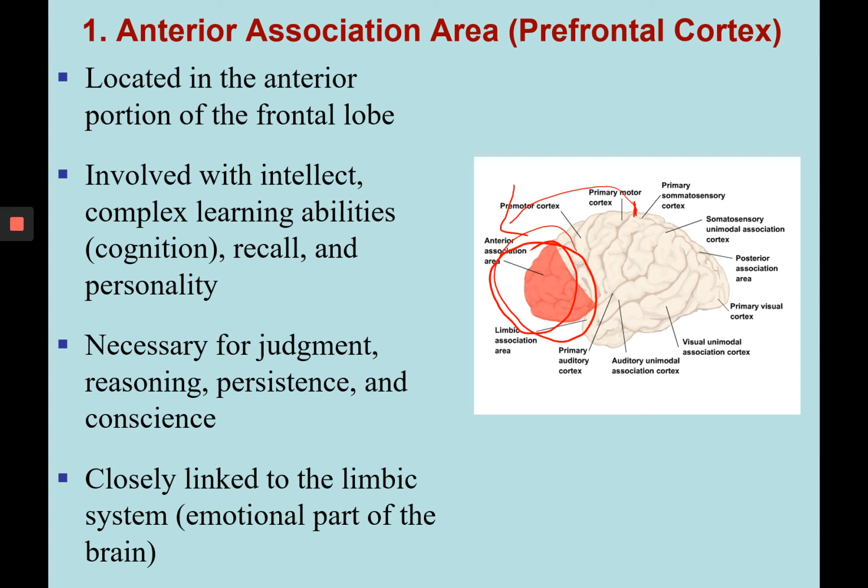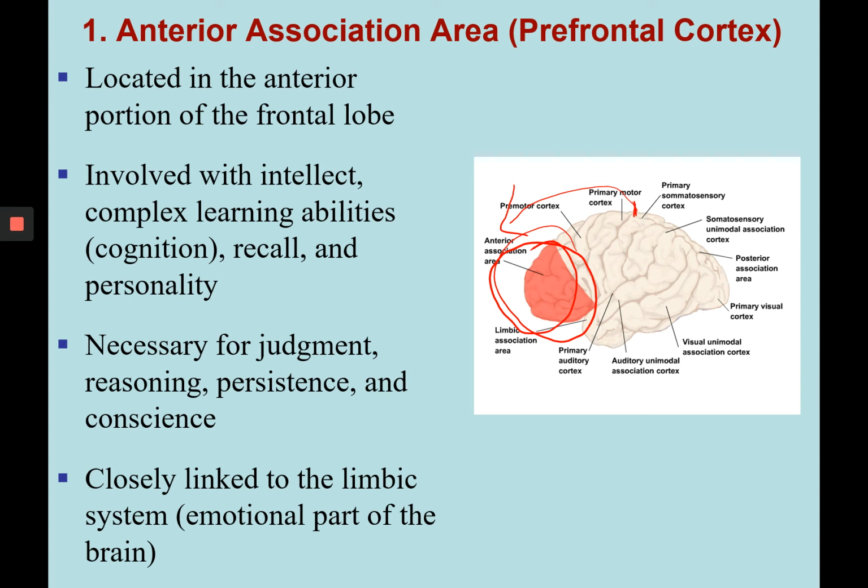It's necessary for judgment, reasoning, persistence, conscience, really things that we would use to describe someone. Do they make good judgments? Are they moral? Do they have good common sense? Are they stubborn? Or are they pretty chill? Things like that really are involved in describing a person's personality. And that's why personality is one of the functions of the prefrontal cortex.